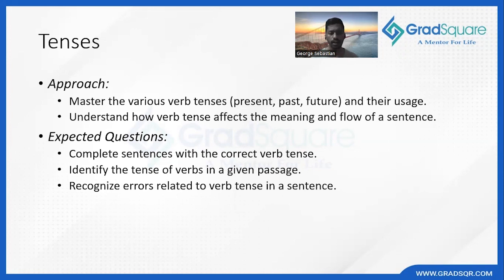Usually you can expect questions like complete the sentence with the correct verb tense. Another major area is error spotting, right? You will be given a particular sentence and asked to identify the error in it. In order to tackle questions like that, we need to have a basic understanding of the tenses.